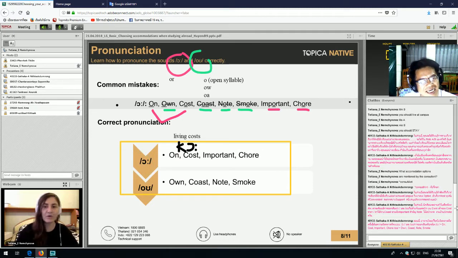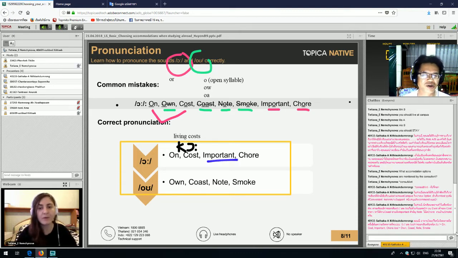Okay, can you please repeat this word once again? Horse. What about the final sound T? Cost. What about this word? Important. Exactly.